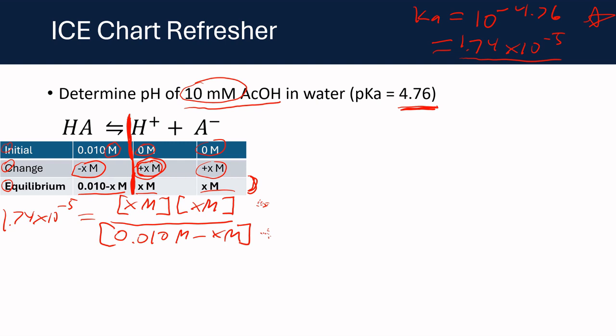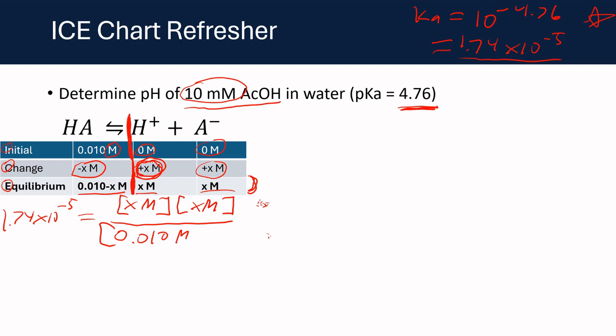A very, very small amount of hydronium will be generated because the dissociation is largely not favored in equilibrium conditions. So if X is really, really, really small, if we subtract it from 0.01 molar, it's probably still going to be really close to 0.010. That difference is going to be within scientific or measurement error.